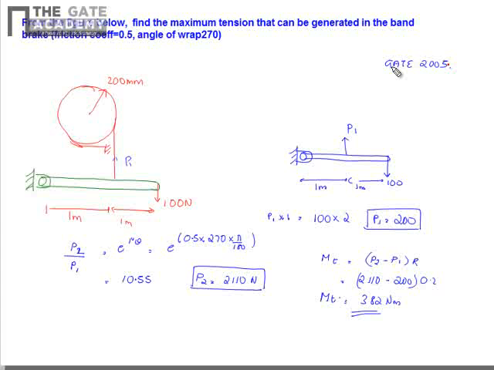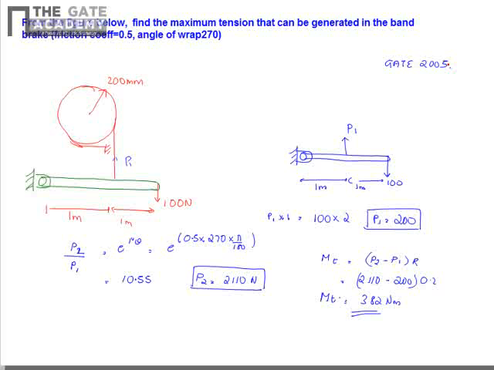Similarly, in the drum brake also see what the relevant equations are. Whatever you learn here is nothing but static equilibrium equations only. So if you are able to draw the free body diagram and get the static equilibrium equations, I think we can solve any kind of problem. So that is about the brakes.